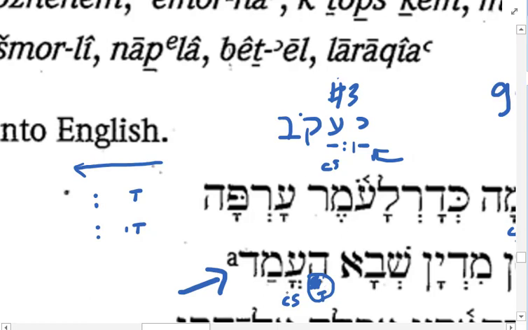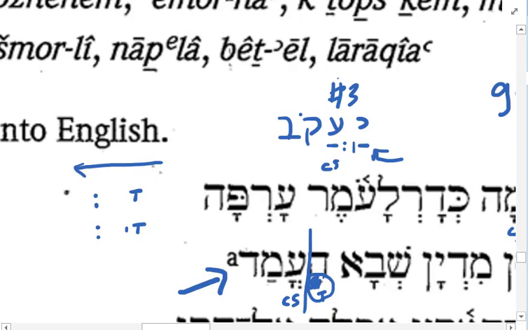Ayin has a vowel pointing under it. It's a compound shava, which means that it's going to piggyback on the next consonant and its full vowel. If I were going to divide my syllable, I always divide to the right of a compound shava, don't I? Because a compound shava is a type of vocal shava, and I never divide to the left of a vocal shava, do I? Always divide to the right.